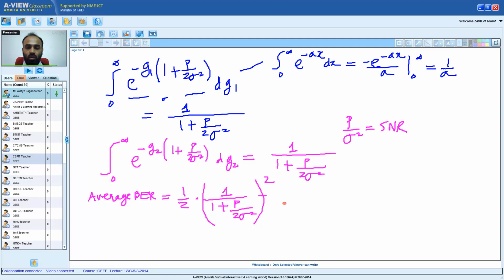So this is equal to half times 1 over 1 plus half SNR, whole square. At high SNR, what is the approximation? At high SNR, what will this reduce to?